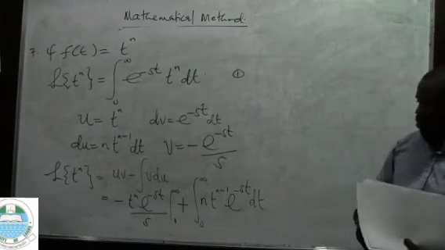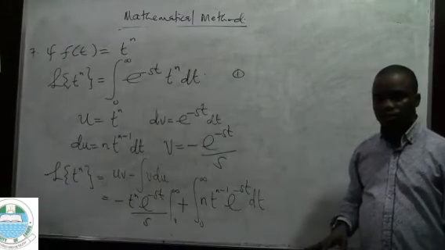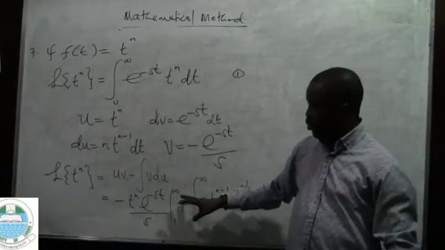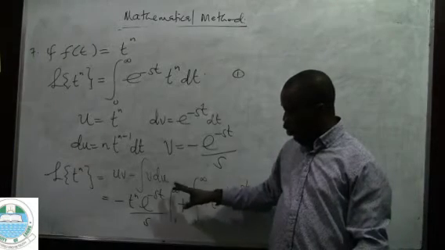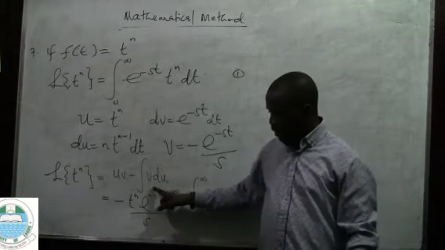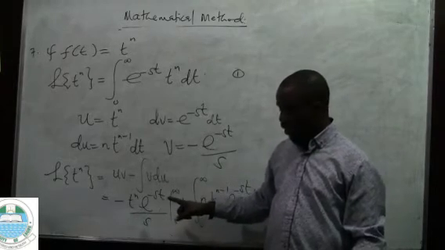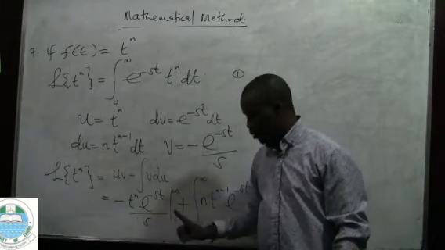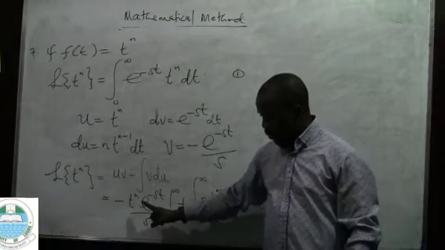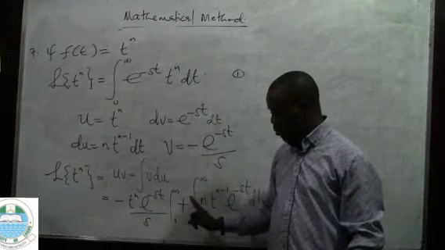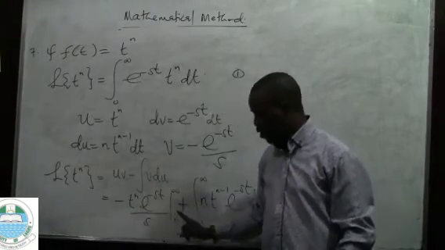Now, let us discuss these results. With respect to infinity, upon taking the limit, the exponential minus st is going to decay, and that will give us 0. With respect to 0, the t raised to power n is also 0. That means that the first term here turns out to be 0.